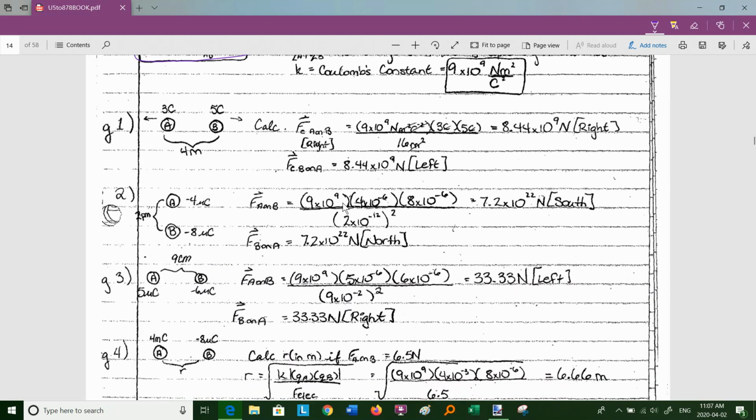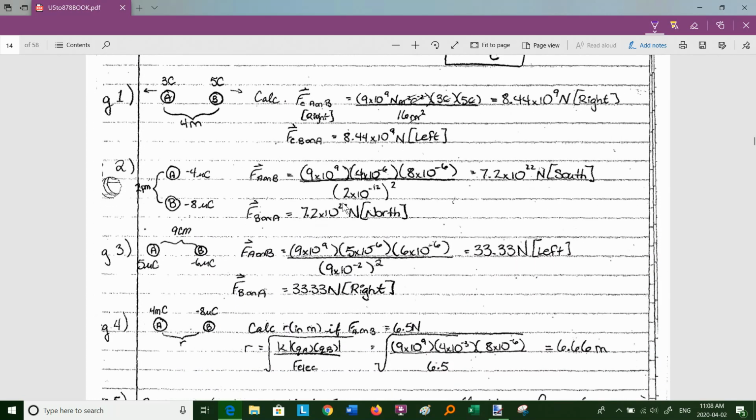We have a charge A, which is 3 coulombs, and a charge B, which is 5 coulombs, and they're 4 meters apart. So we want to calculate the net electric force on B due to A. So A on B. So what you do is you pretend that A is not moving, but B is.